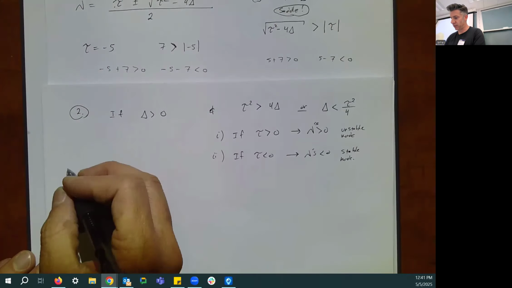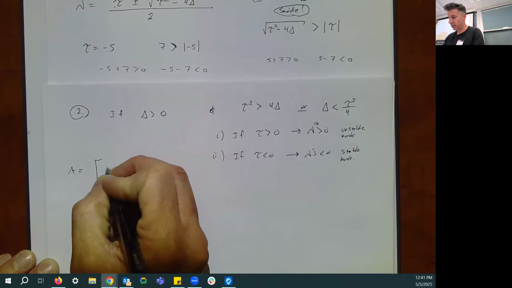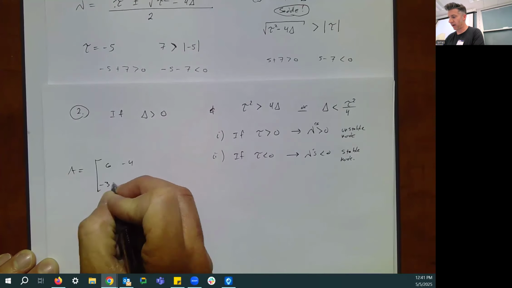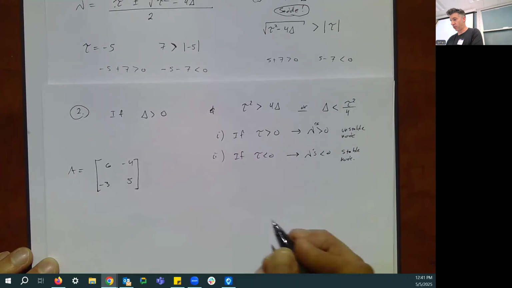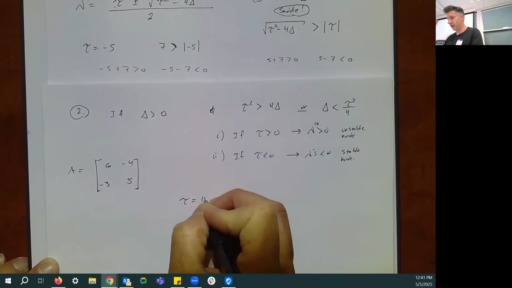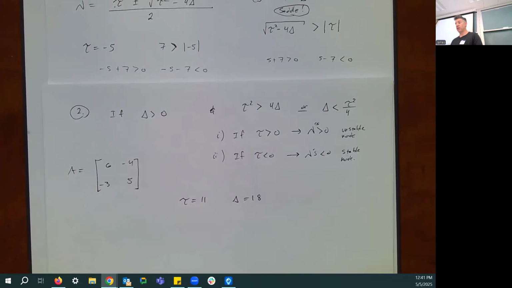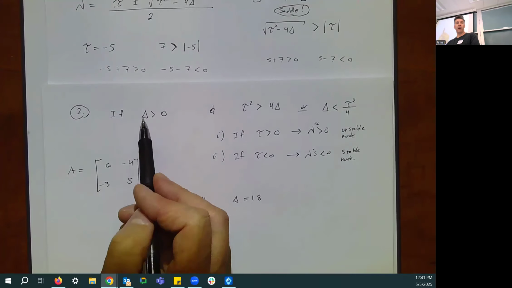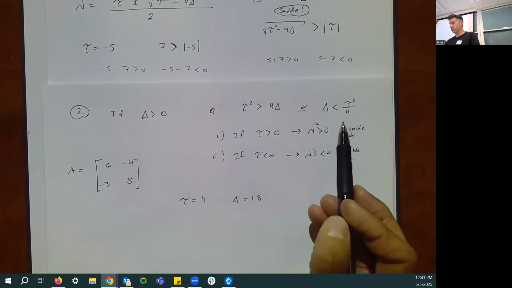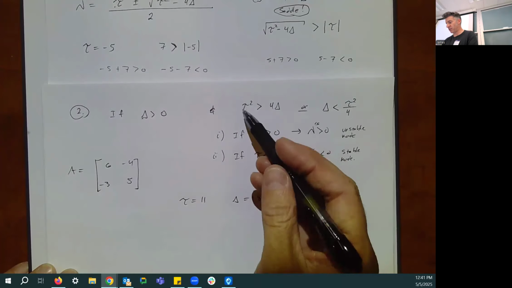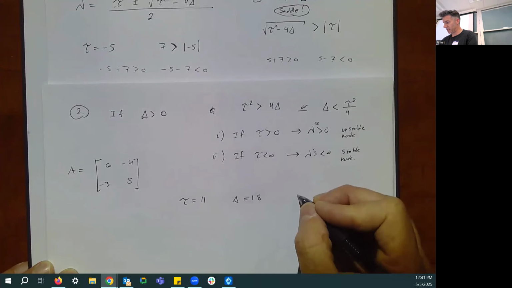Our example, which was A equal to 6, -4, -3, 5, where our trace was 11 and our determinant is 18. Well, we're certainly in the case where our determinant's positive. And if we compare these two, well, this is kind of gross. Our determinant's 18.